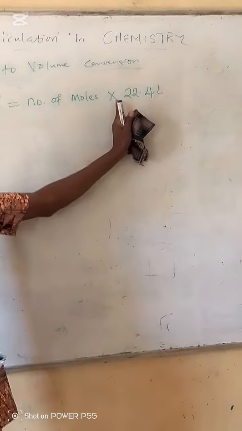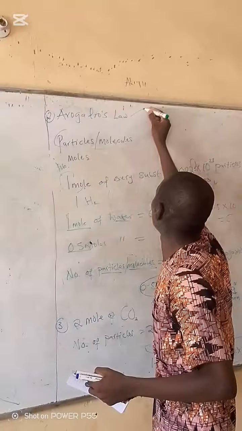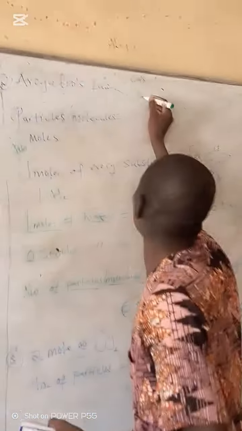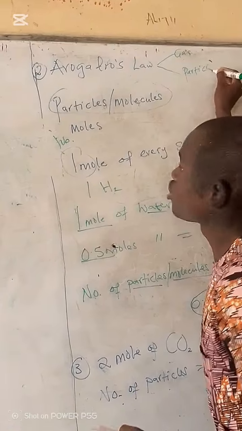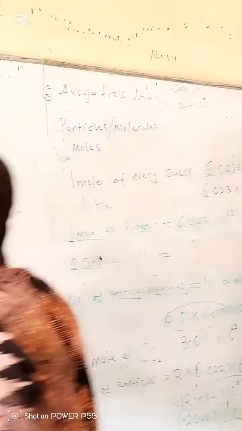This is also part of Avogadro's law. In fact, this is Avogadro's law under gas. So we have 2 of them. There is one under gas, then there is one under particles or molecules. So under gas, he said 1 mole of every gas contains or can occupy 22.4 liters.